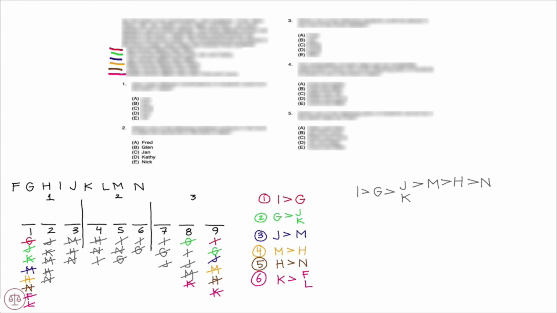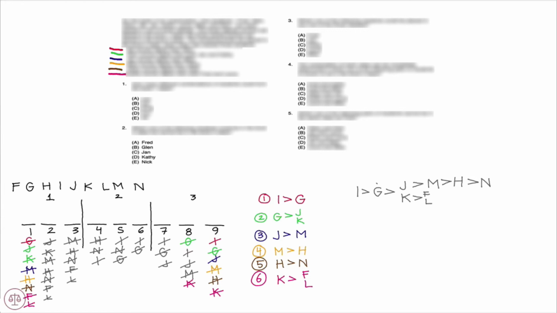And now we can add this to our larger chain. So we have K is to the left of F and L. Okay, so that means that F and L both have 1, 2, 3 people to the left of them, meaning F and L cannot be second or third.